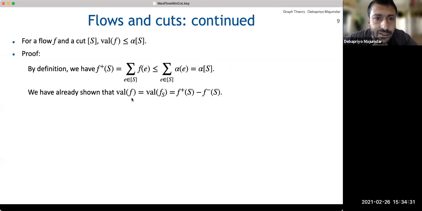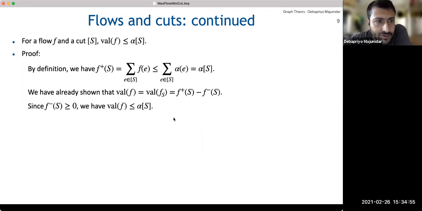We have already shown that the value of f is the value of fs, and that is f plus s minus f minus s. So f plus s is already less than or equal to the capacity, and the value is f plus s minus f minus s. So we are subtracting something here, and this is never negative, right? Since it is always non-negative, the value of f is less than or equal to the capacity of the cut.